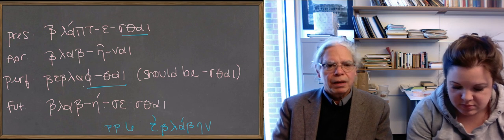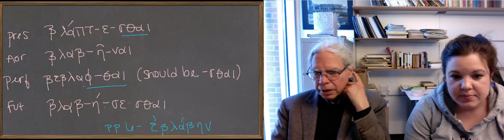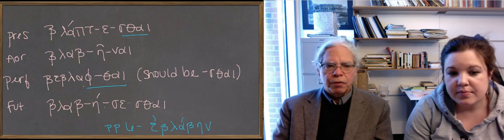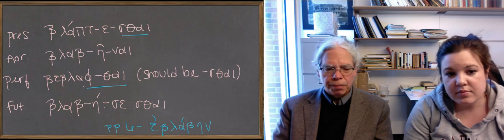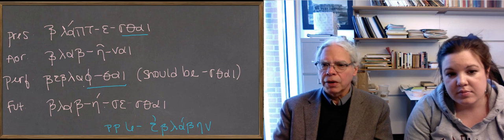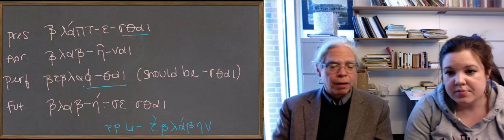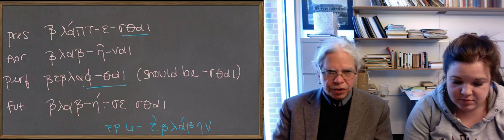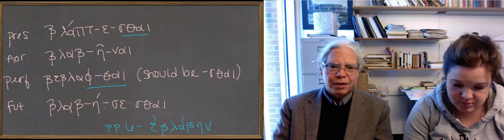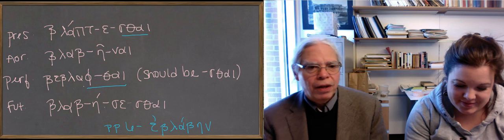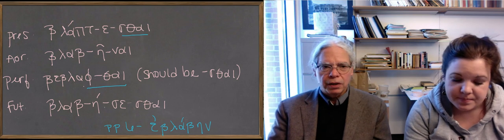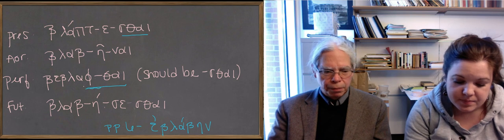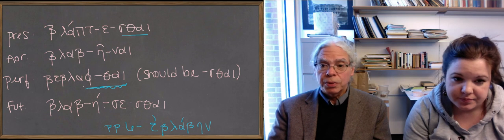Okay, exactly. So, the underlying form for the perfect infinitive is beblab. Okay, but when you combine the sthai ending without the thematic vowel to beblab, you get not beblabsthai, but beblaphthai, which Greeks couldn't say otherwise, that is another one of these cases like the second person plural passive endings in the perfect middle, and the perfect passive and the pluperfect passive, where the S disappears from the ending.